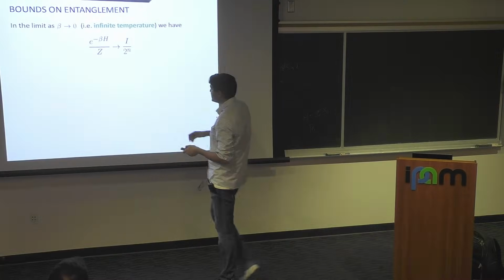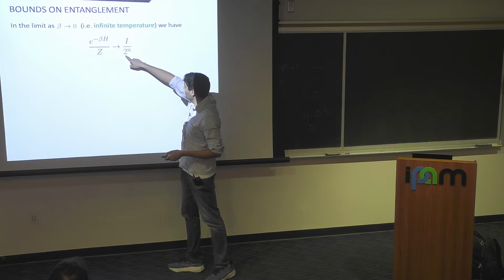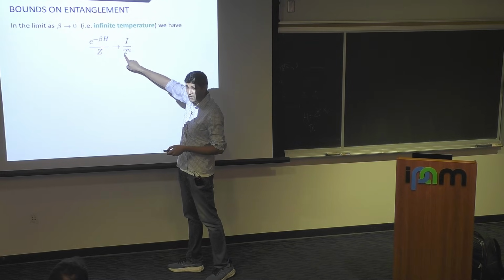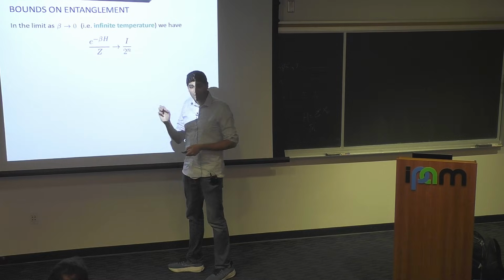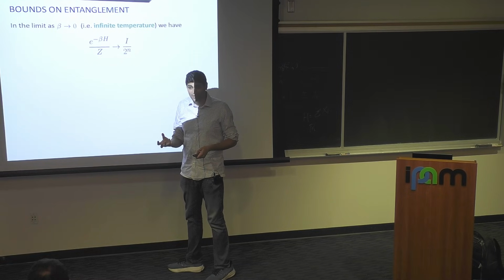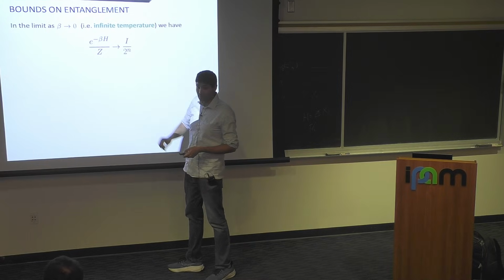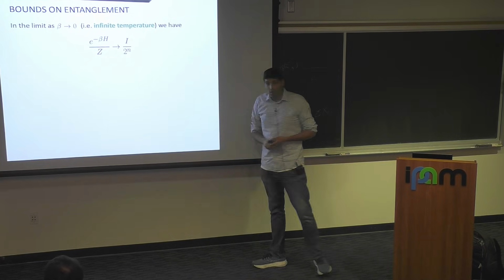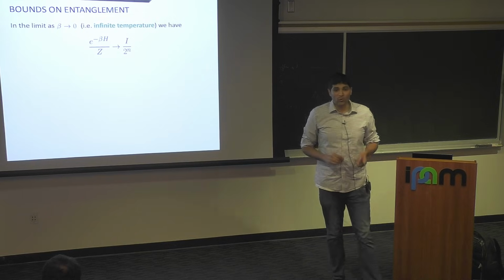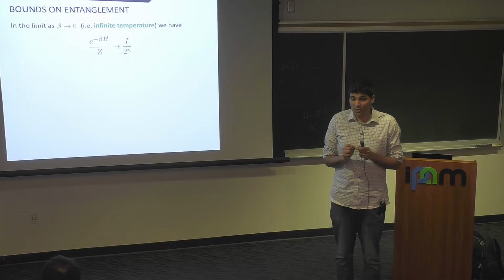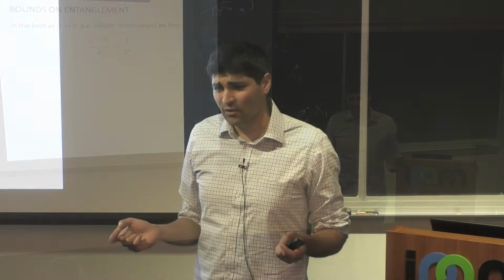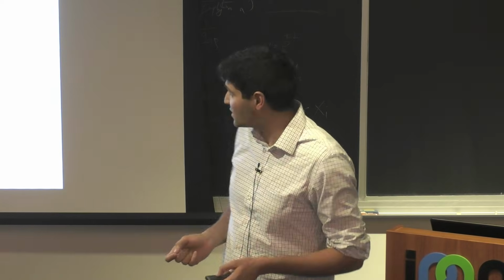Because if I were literally to set beta equals 0, all I'm going to get is some scalar multiple of the identity. And this is something that is trivially separable. Because I know exactly how to write it as a product state. It already is written in exactly that form. So in some sense, we already know a very crude statement that if the temperature were infinite, obviously there's no entanglement in my quantum spin system.